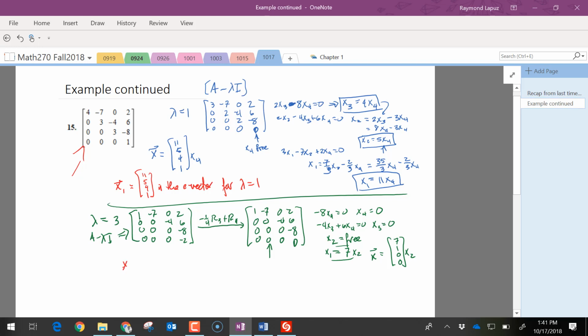So for the eigenvalue of 3, we get an eigenvector of 7, 1, 0, 0.